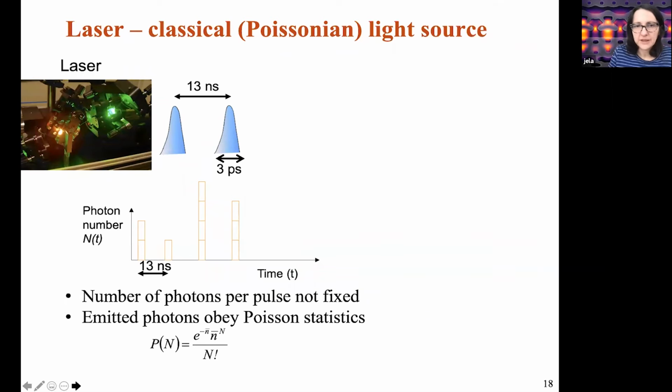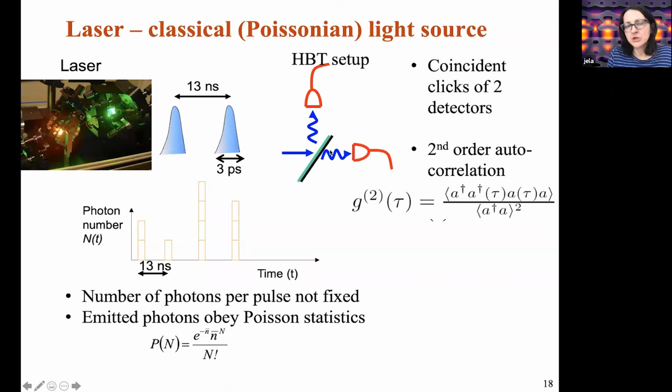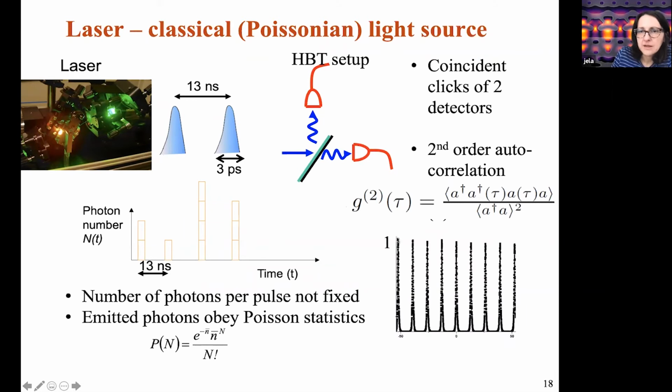And if you measure what we call photon statistics, or the second order correlation function, for this output of the laser, this is what you would see. You will see a series of equidistant peaks with the same height that are separated by 13 nanoseconds, the repetition period of this laser.